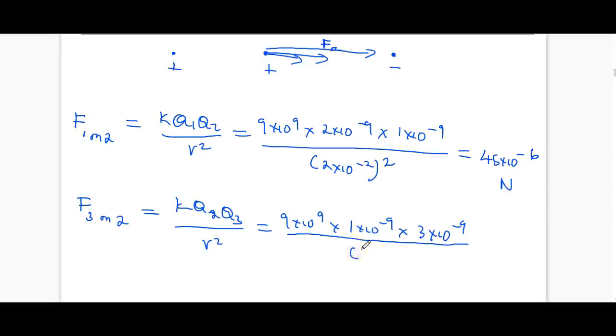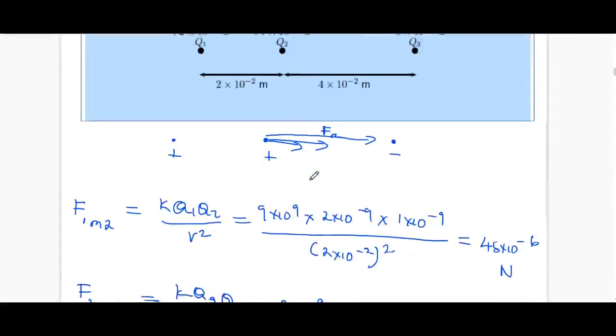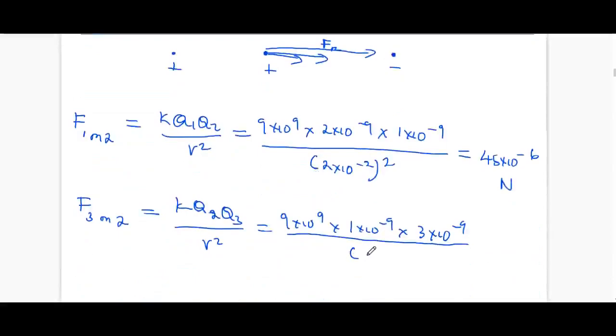The distance between the two is 4 times 10 to the power minus 2, all squared.